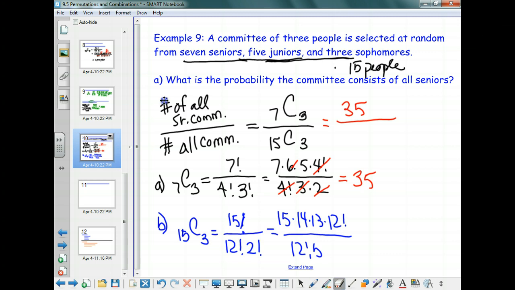And then I have 3 factorial at the bottom, so 3, 2, 1. What reduces? Just the 12. 12 factorial reduces, what else? 3 and 15, make the 15 become a 5. 2 and 14, make the 14 become a 7. So we actually have 5 times 7 times 13, which is 455.